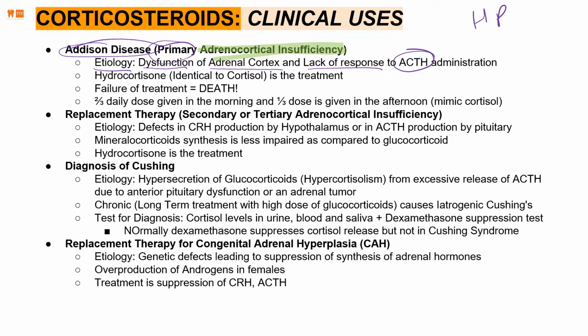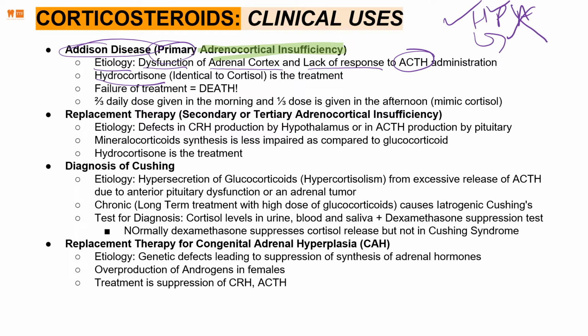So in the HPA axis, H is okay, P is okay, but this is not. Adrenal gland is not okay. Therefore, it's dysfunctioning. ACTH is there, but there's no response to it. Therefore, in response to that externally, we will administer, well, physicians, not dentists. Okay, guys?